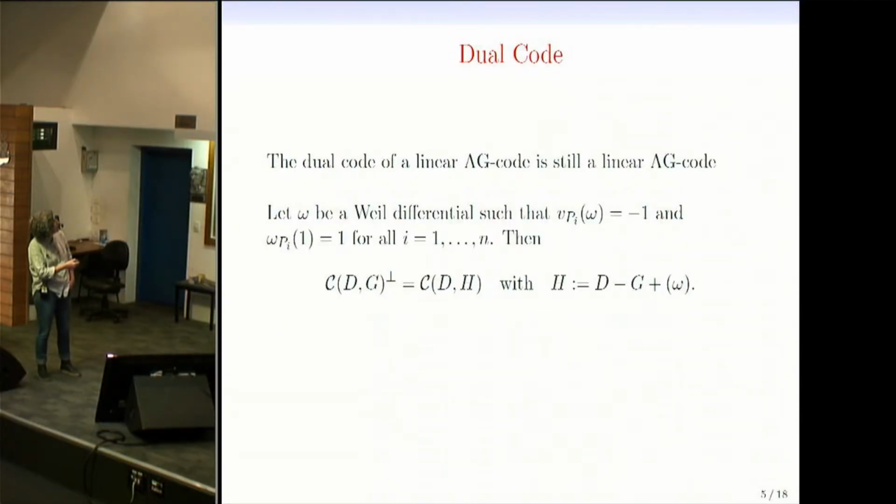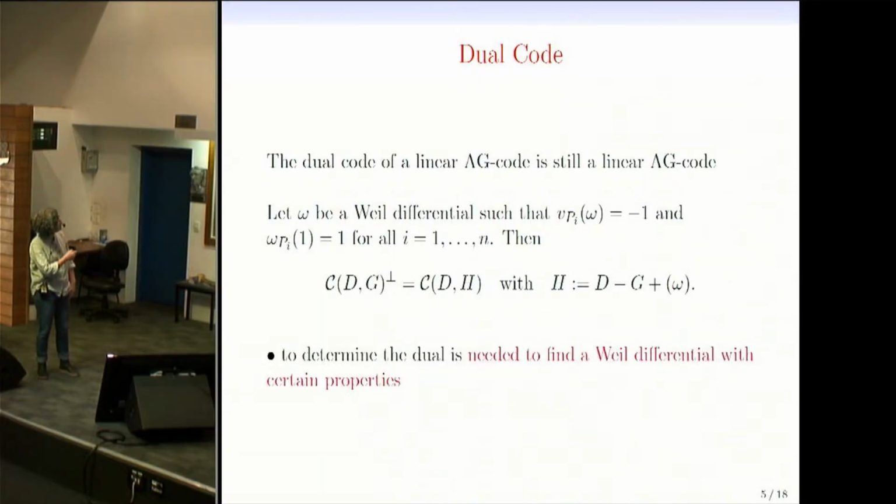But the problem is that if you want to really compute the dual of your code defined by D and G, you need to find a certain differential on your function field with certain properties. And that is the tricky, hard part. So, to determine the dual, we need the differential.